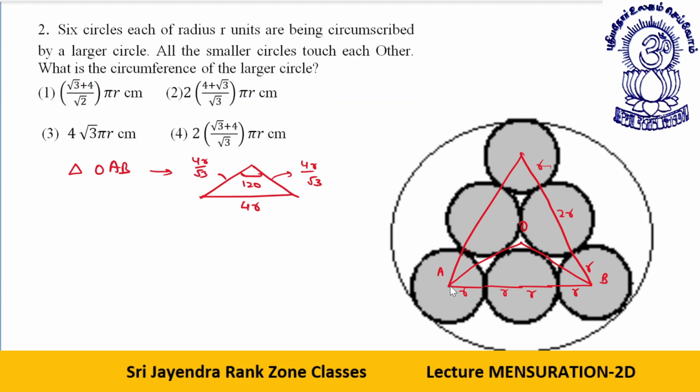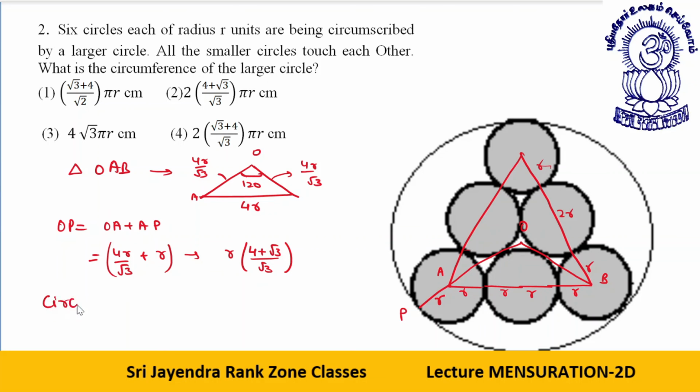Now if I join this to this, this is another r. Let's say this is P. OP is what? OP is OA plus AP. Okay. So OA is 4r by root 3. AP is r. So I can say this is like, if I take r common, it will be 4 plus root 3, r common, divided by root 3.